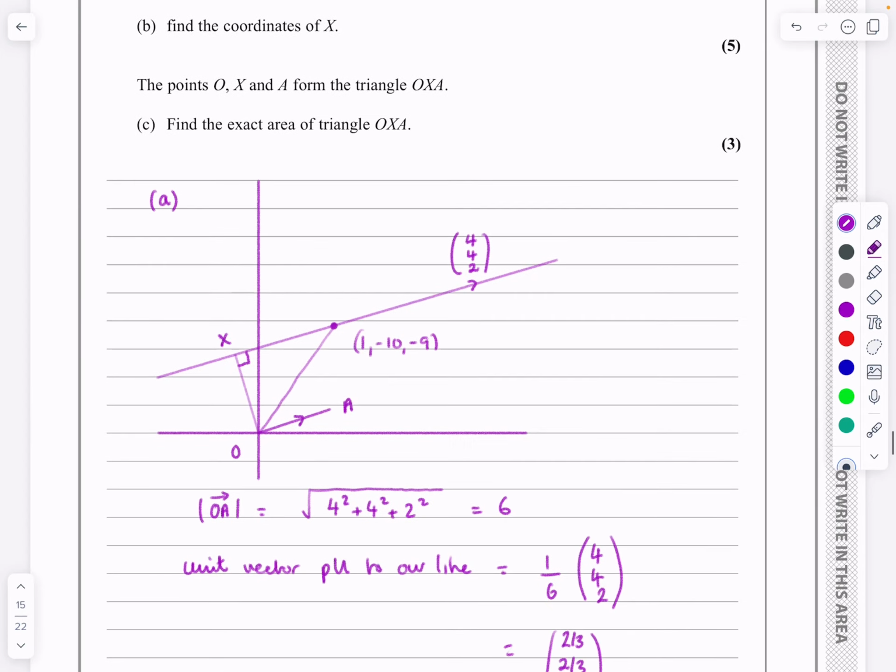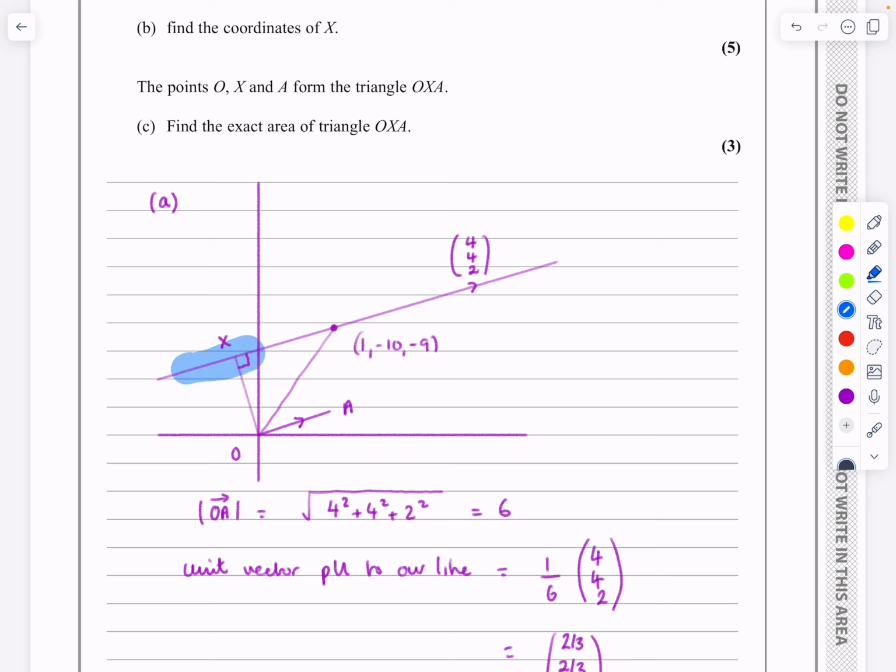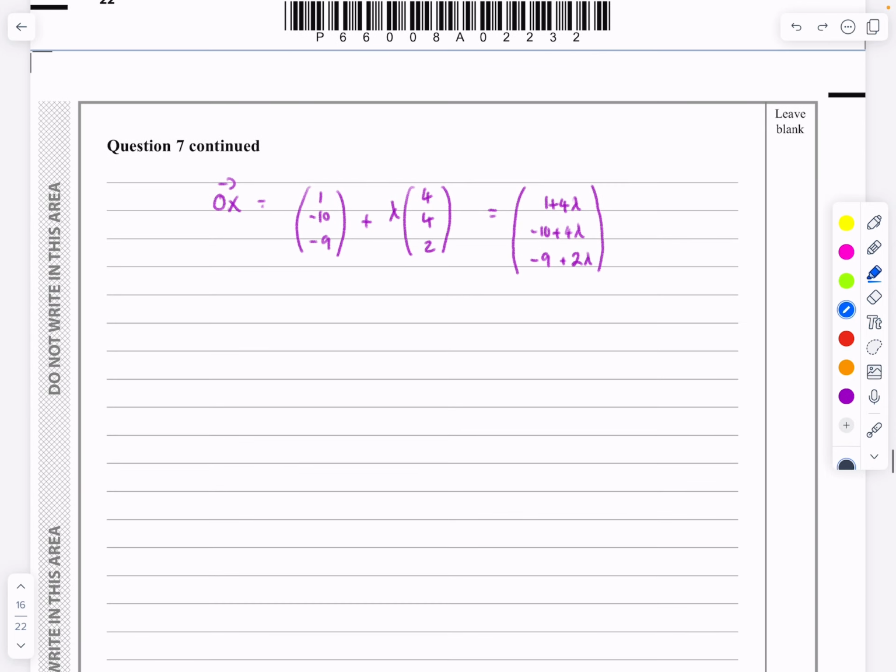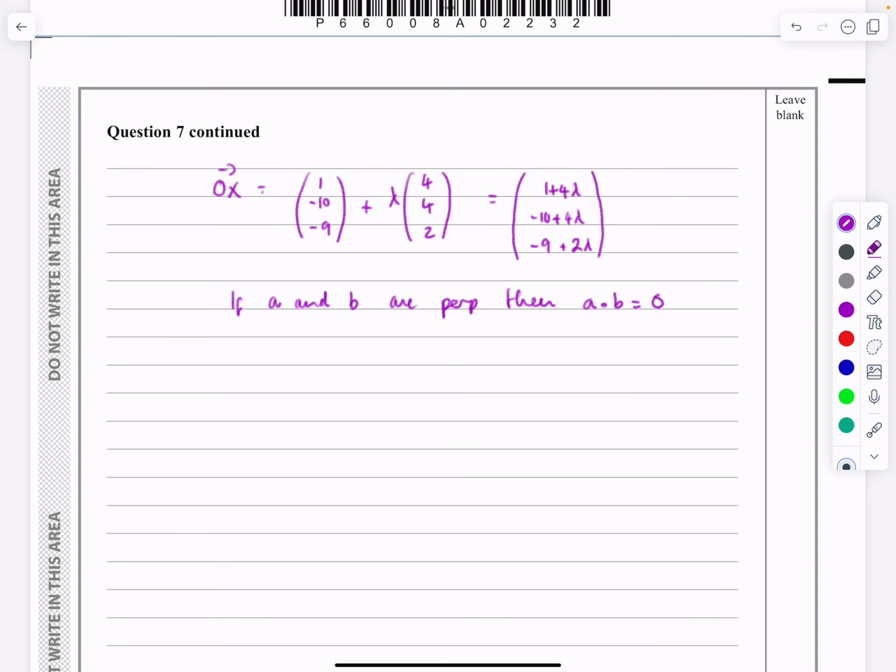The other thing we can say about OX is if it's perpendicular to the line there, it's perpendicular to (4, 4, 2), then the dot product is going to be equal to 0. So let's just explain that to the examiner. If A and B are perpendicular, then A dot B equals 0. I don't think you necessarily need to write that in. I'm just trying to make it clear to the examiner what I'm doing here.